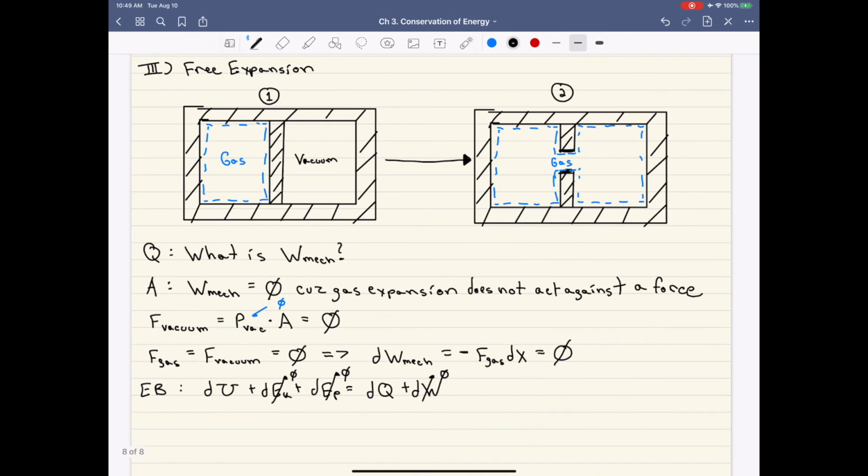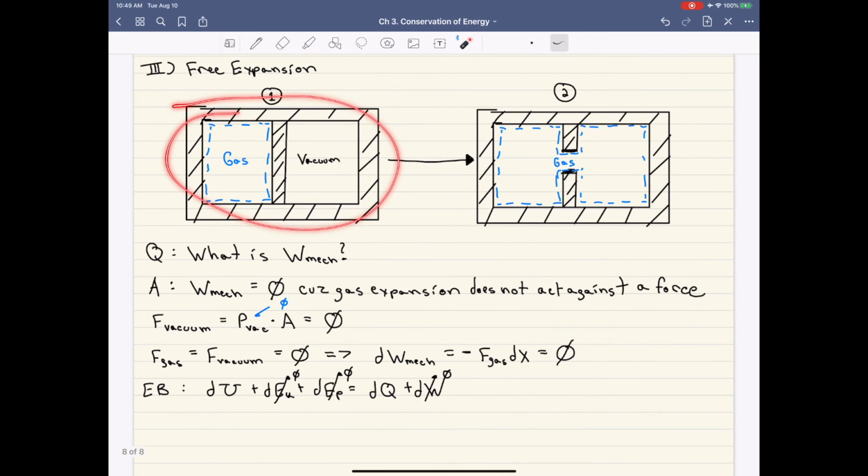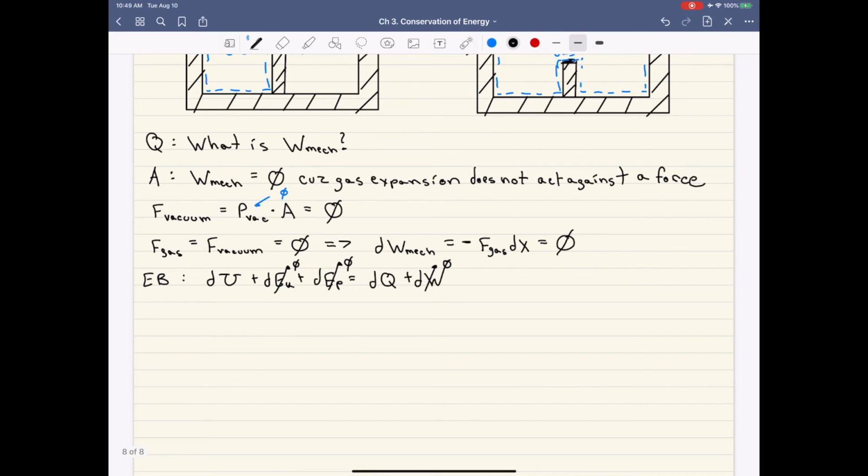And also, as I said, this system is adiabatic, so there's no heat coming into or out of the system, and dQ is also going to be 0. So what we get in the end is that the infinitesimal change in the internal energy, dU, is also going to be 0. And as such, the internal energy of state 2 is going to be equal to the internal energy of state 1.